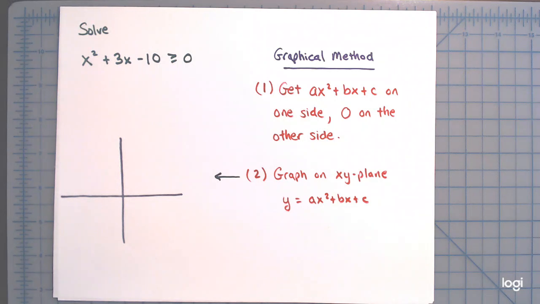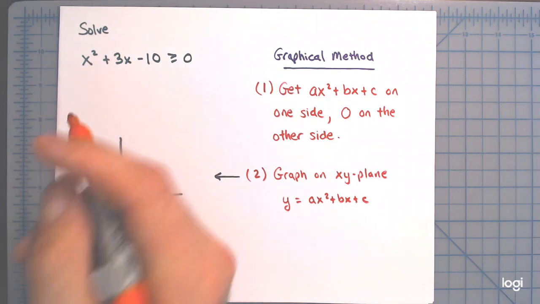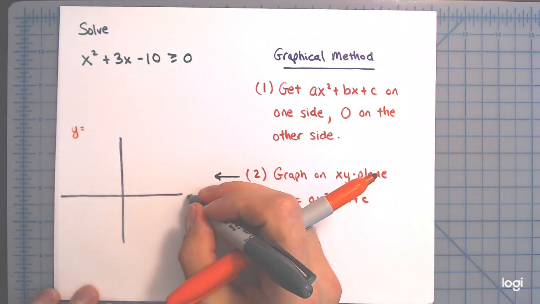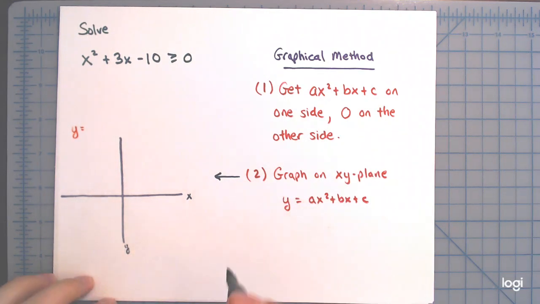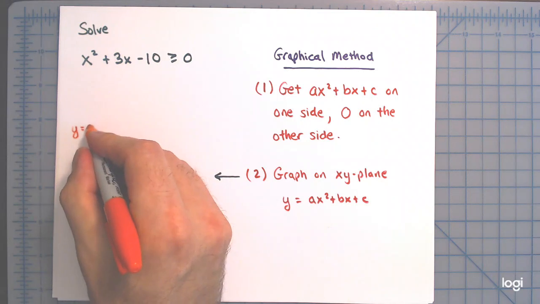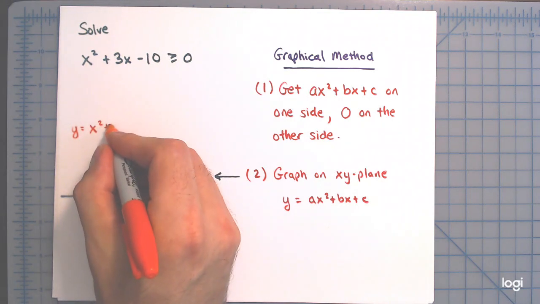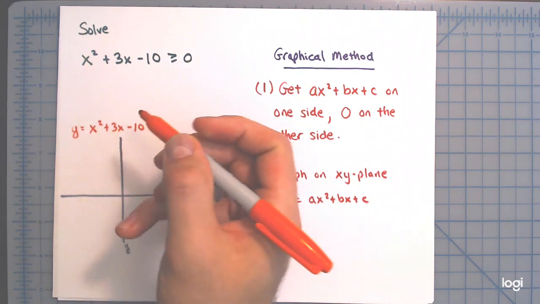While graphing this, you can find the vertex. So we're graphing y, and let me label the axes: that's x, that's the y-axis. I'm graphing y equals x squared plus 3x minus 10.